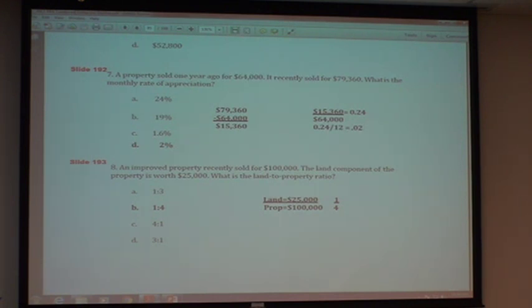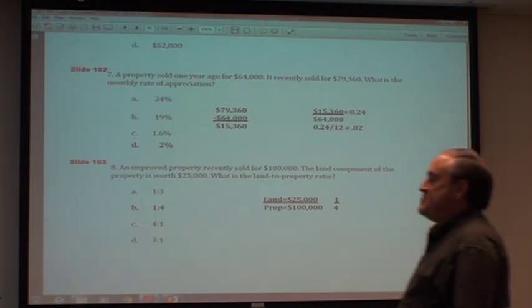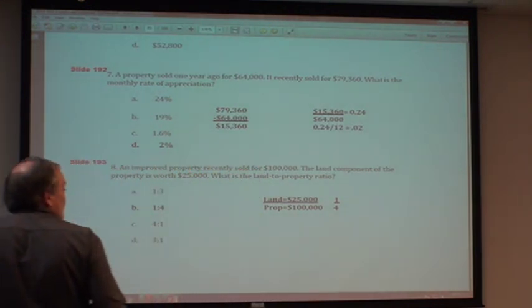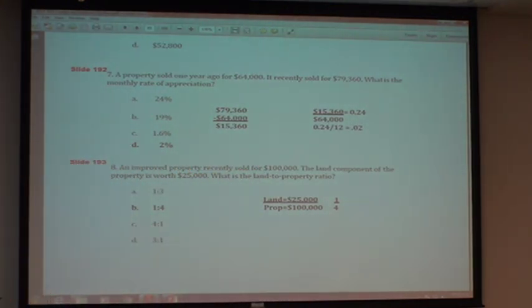If it had 2.5 in there, it didn't change everything, okay? It's just 2.5 parts. So if the land to improvement is 1 to 2.5, sold for $100,000, how many parts do you have total? 3.5 parts, right? So 100,000 divided by 3.5 equals each part's worth, 28,571.